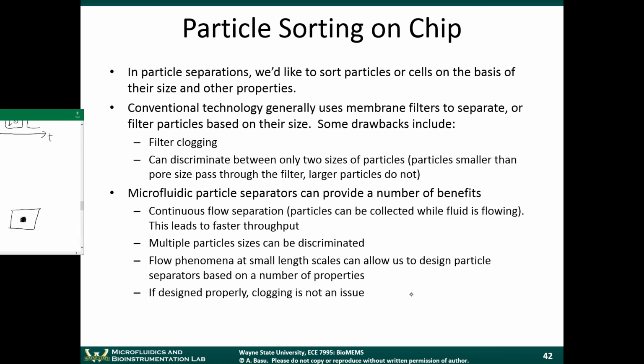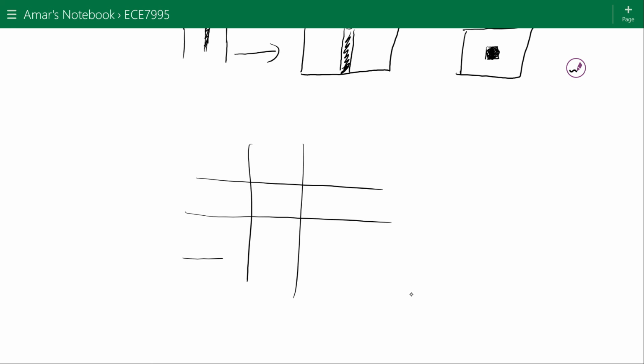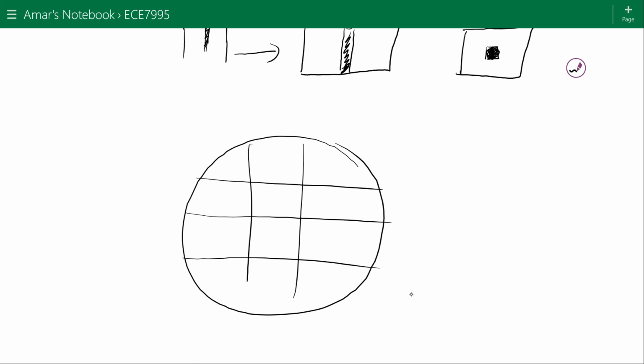By the way, a filter type thing would be just a mesh like this. Let's say you were to run your sample through this mesh. It has a certain mesh size, so the small particles will get through there, the larger particles won't. It's as simple as that. One of the issues with this is that the mesh itself is going to capture large particles, so eventually the mesh is going to clog.